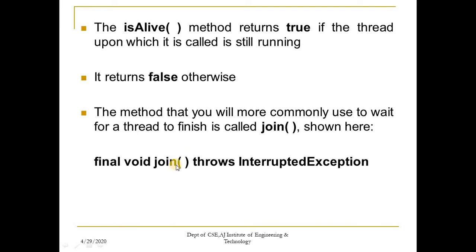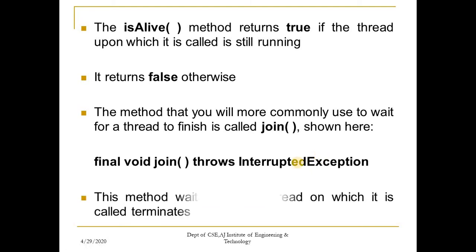Whenever you use the join method, you define a try block and a catch block, and the catch block should handle this InterruptedException, because this method throws it, and thus it has to be handled by the calling method. This method waits until the thread on which it is called terminates. So the join method is used to wait for one thread to terminate.